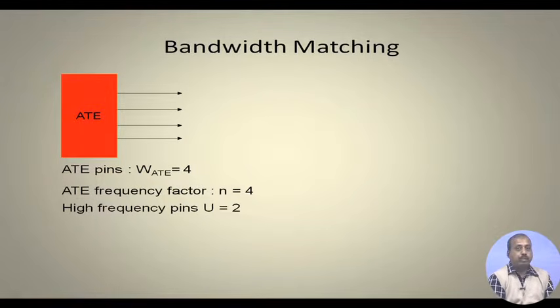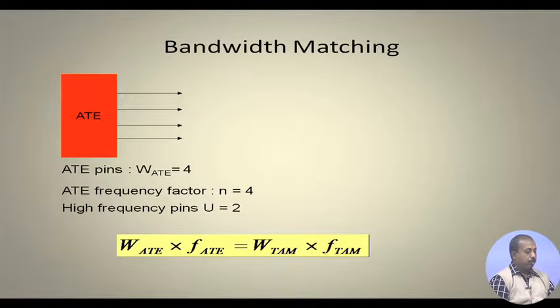Frequency factor means, compared to the core, what is the high frequency rate for the ATE. So the ratio of the 2 frequencies is 4. The ATE is working 4 times faster than the core for testing purposes, and the number of high frequency pins u equal to 2, that we have just seen.